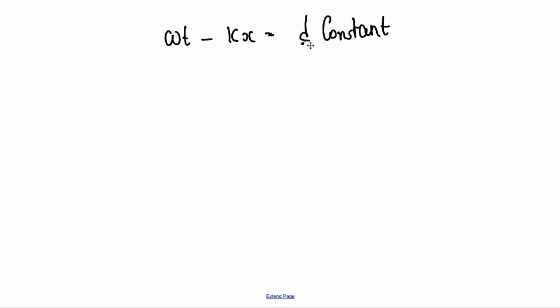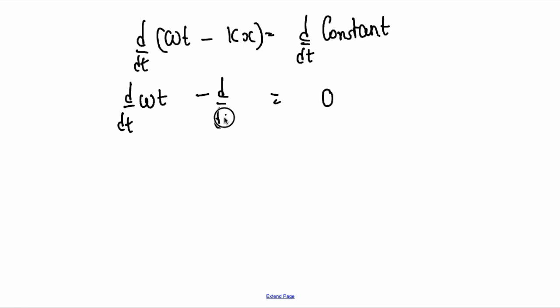So differentiating it with respect to time: what is the differentiation of any constant? That is always 0. Now the differentiation of omega t minus the differentiation of kx.